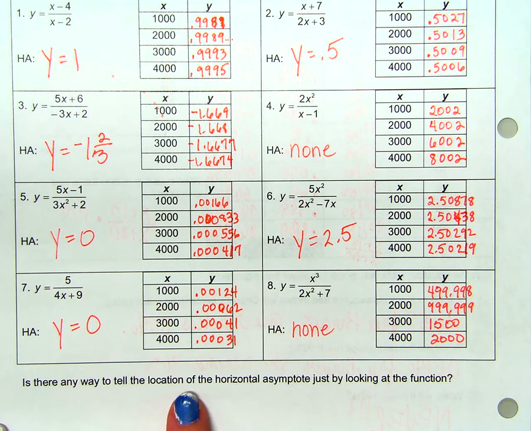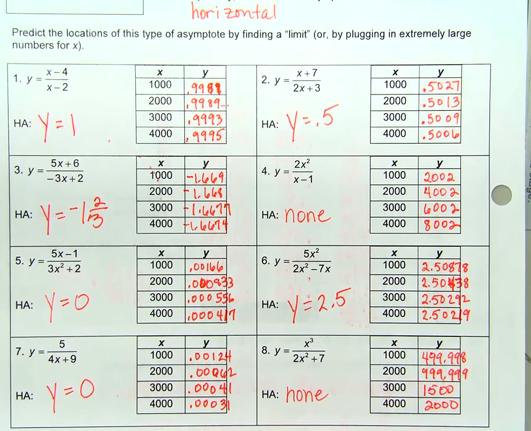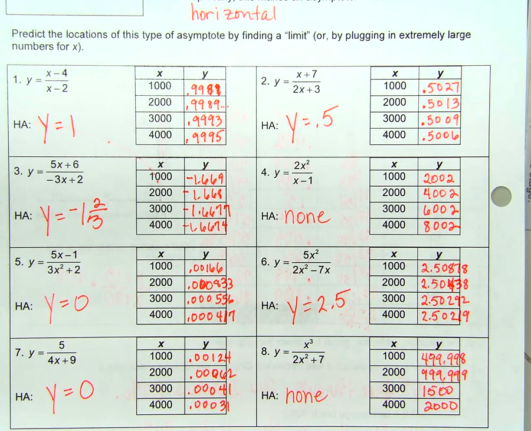Is there any way to tell the location of the horizontal asymptote just by looking at the function? Look at the functions. We tell the vertical asymptotes by looking at the denominators, right? How are we going to tell the horizontal asymptote? See if you can figure it out.